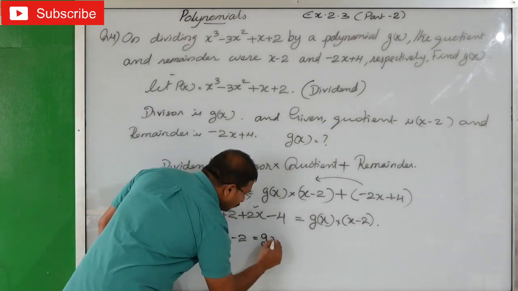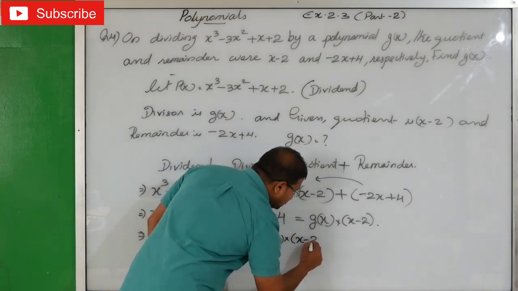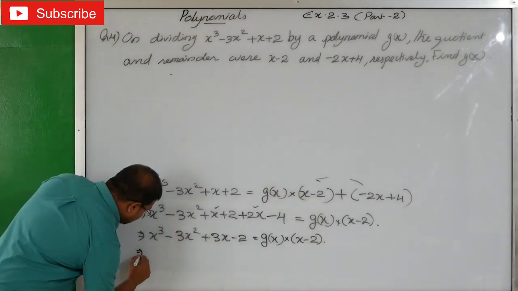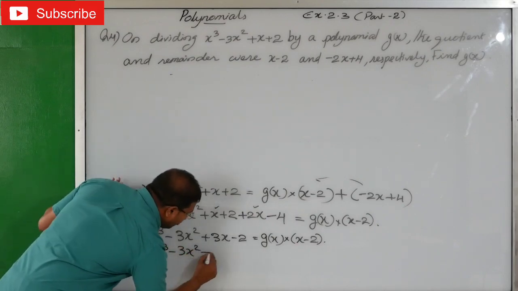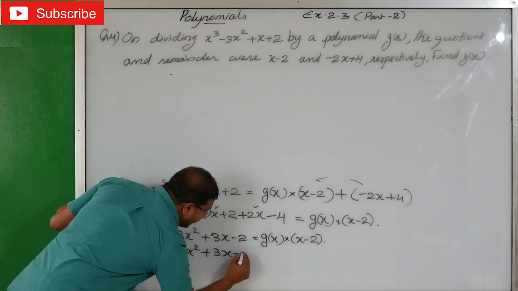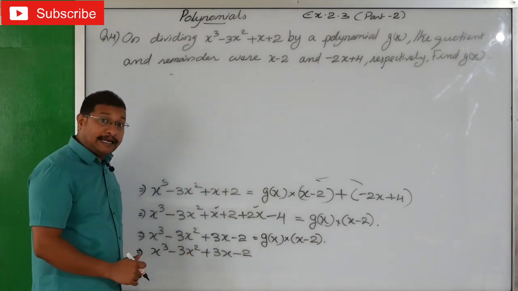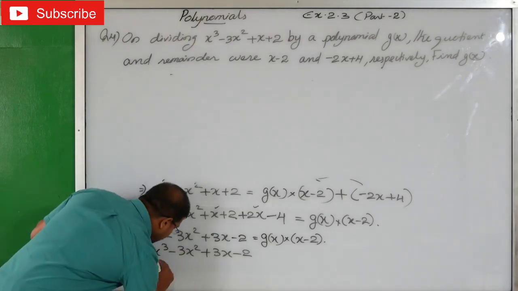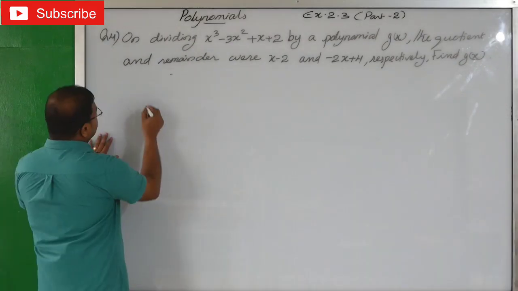Equals g of x into x minus 2. So this implies x cube minus 3x square plus 3x minus 2, and this multiplication goes to the next side, divide. So divided by x minus 2.